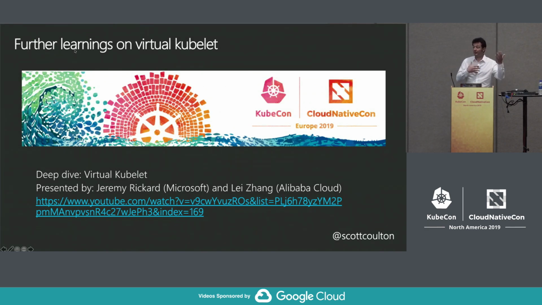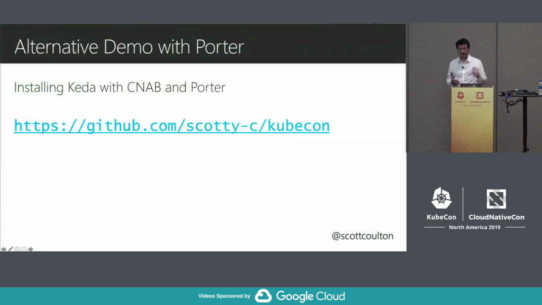All our learning paths for Ignite the Tour are online. I can show you the link directly in my browser. And Scott has a version of that using CNAB and Porter if you want to go more on the cutting edge side.